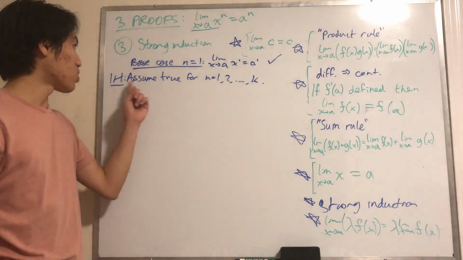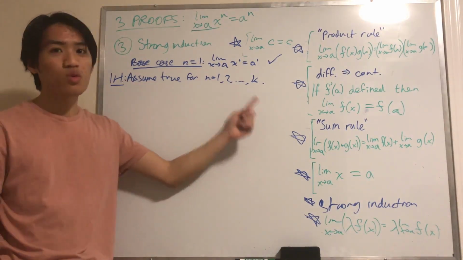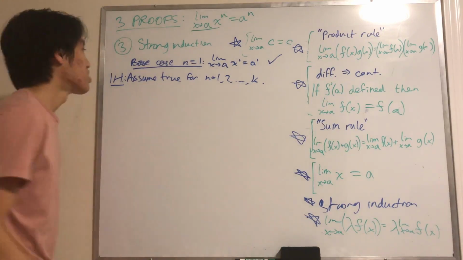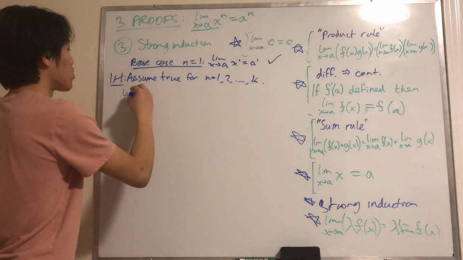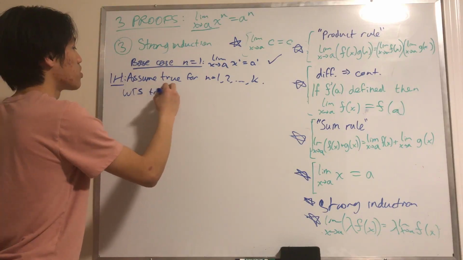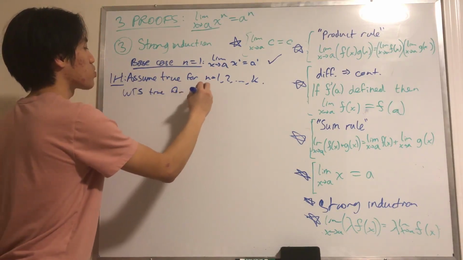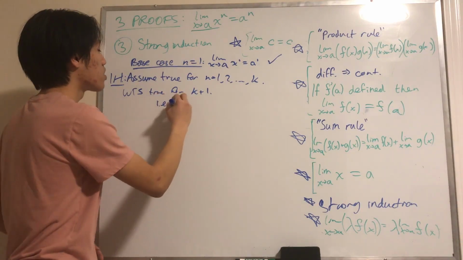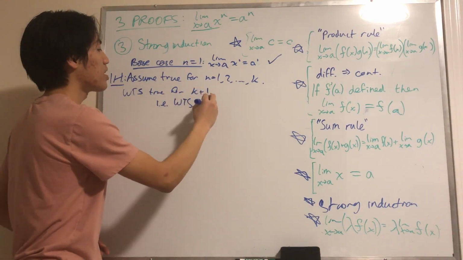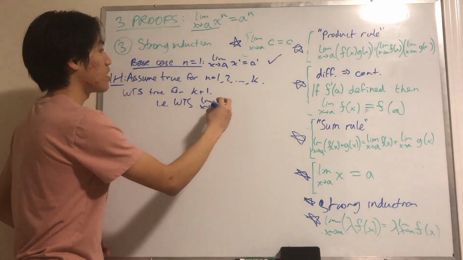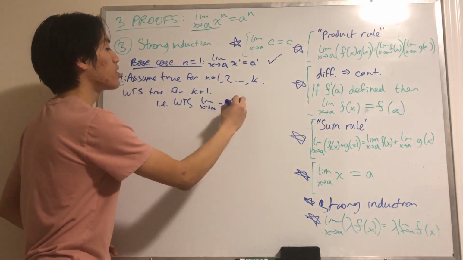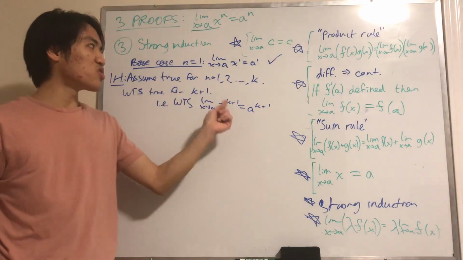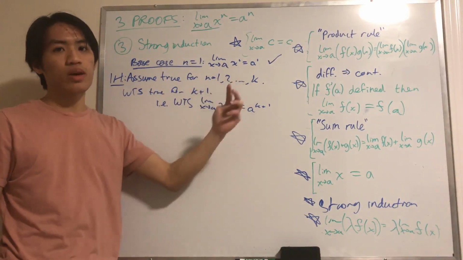And once we set this, the goal is to show that it must also be true for k plus 1 using this assumption. Namely, we want to show that the limit as x goes to a of x to the k plus 1 is equal to a to the k plus 1, given that the proposition is also true for 1, 2, all the way up to k.